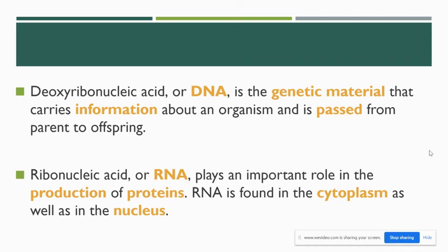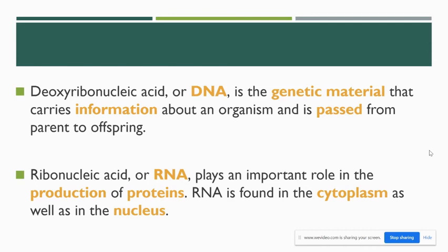So you get some of your parents' DNA and genetic material, and some of their genes and information. And then whenever you would have kids down the road, you would pass on some of your genetic information to them as well.